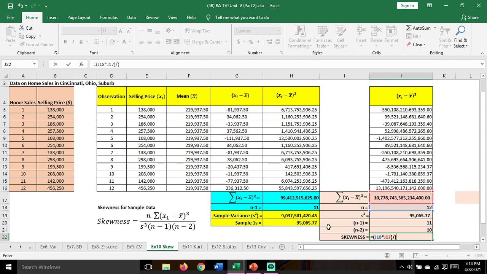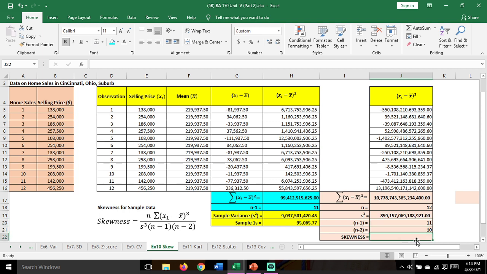Take note, we need to have the cube of your s. So I'll just change it. We have your standard deviation raised to 3. That makes it easier.